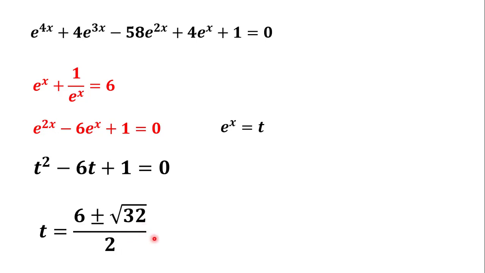These two terms are positive, so we can write e to the power x equals 6 plus or minus the square root of 32, over 2.